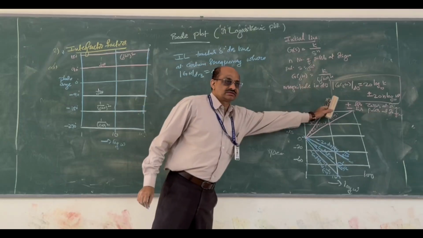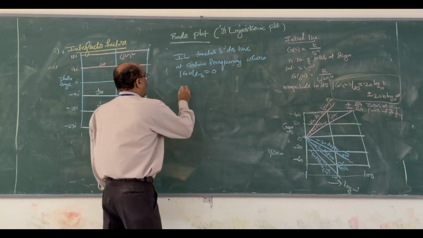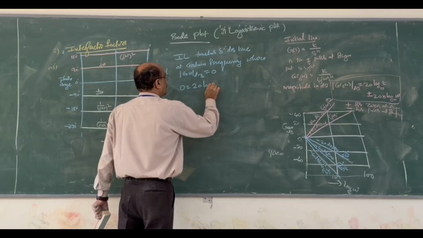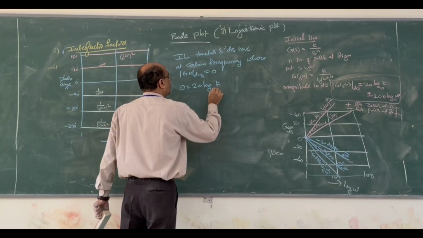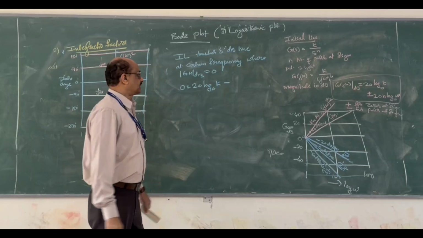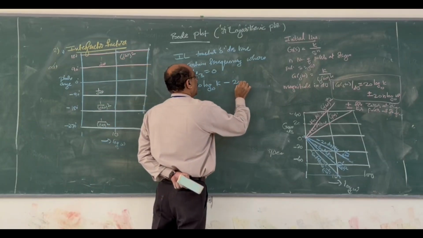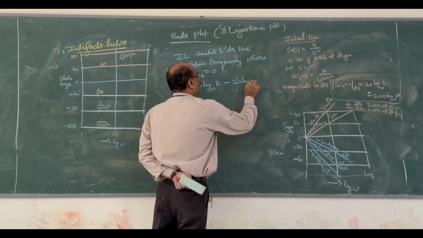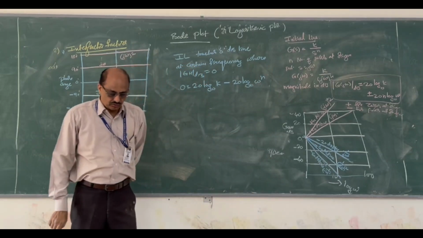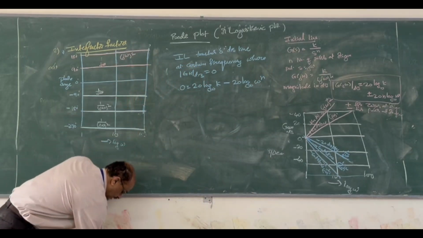Substitute that in this expression. I'll get 0 equals 20 log k, taking first the integral factor, minus 20 log base 10 of omega to the power of n.